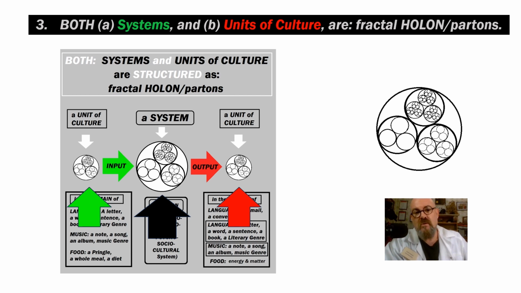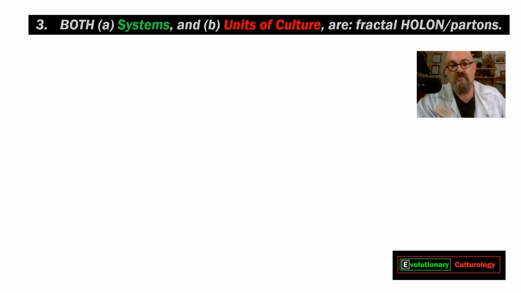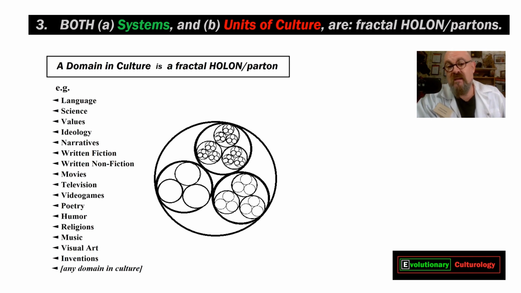Anyway, systems and units of culture are structured and function as fractal Holon partons. Here are just a few examples of domains in culture: languages, sciences, values, ideologies, narratives or stories. Then there's written fiction, that's a domain in culture.